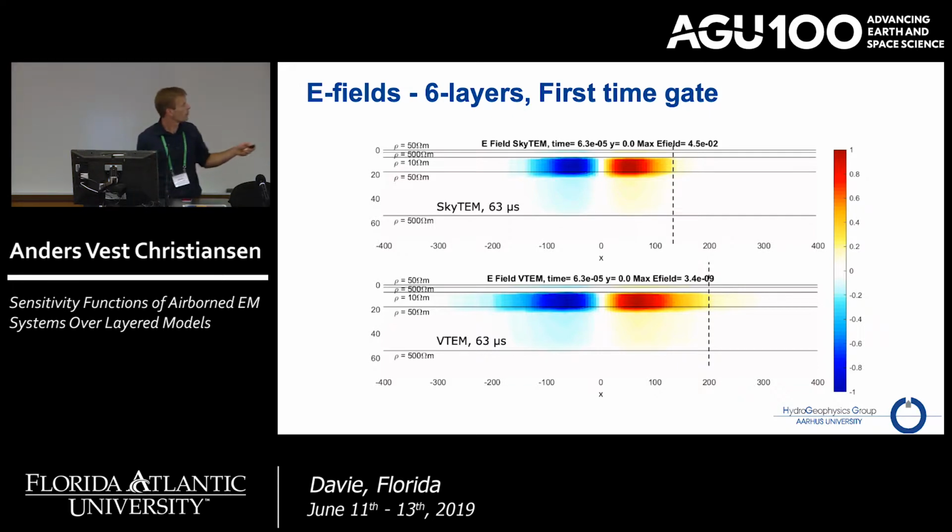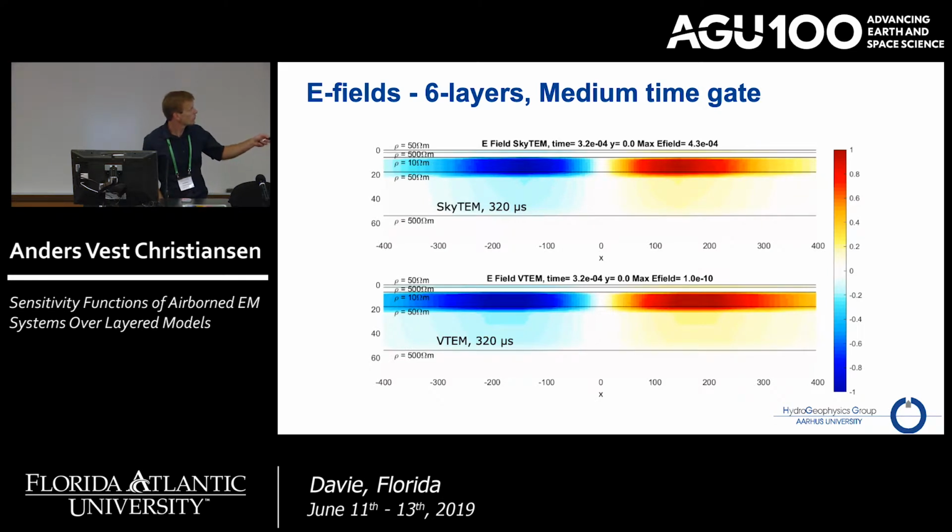Just jumping a little bit forward in time, 320 microseconds, same pattern. Now we start to lose the idea that they are different in width. If we look at the full domain, this is SkyTEM at that time, and now the VTEM.